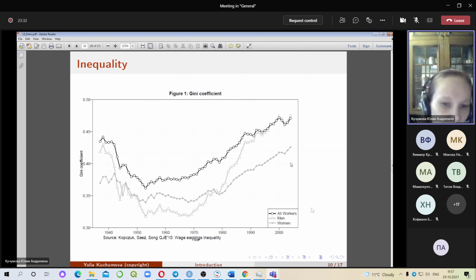This is the graph for the United States, not for Russia, but nevertheless, even in that country we see that recently, starting from probably 1970, inequality continued to increase for all groups of workers, men and women here being the groups of interest.